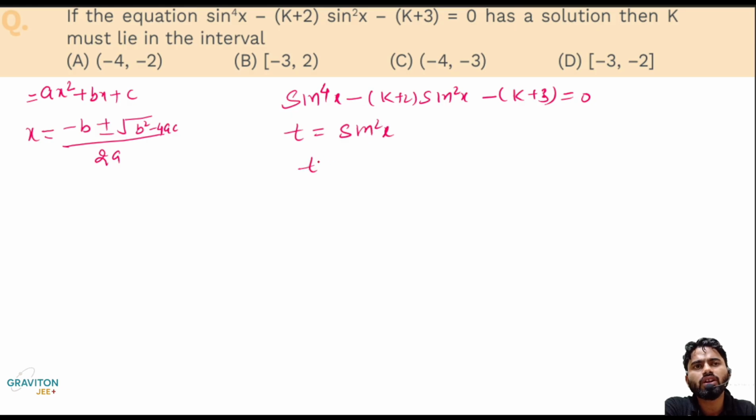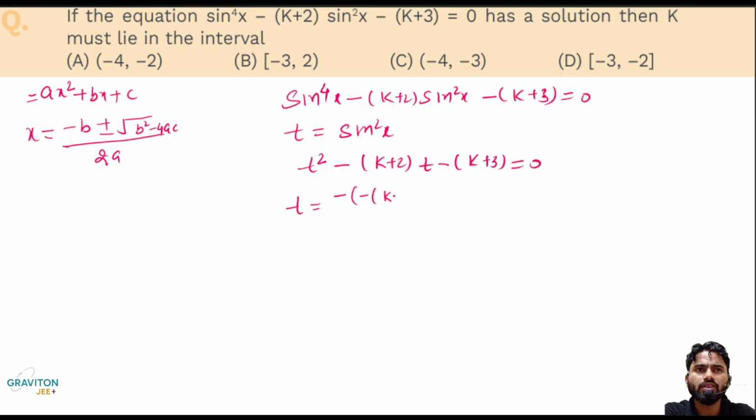So this will transform into t square minus (k plus 2) t plus (k plus 3) equal to 0. If you find the solution of this quadratic polynomial, t equal to minus b, what is your b?